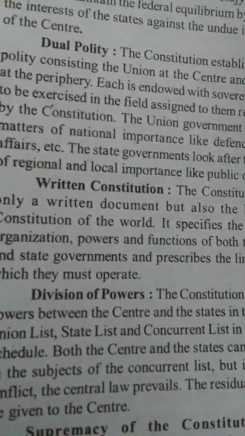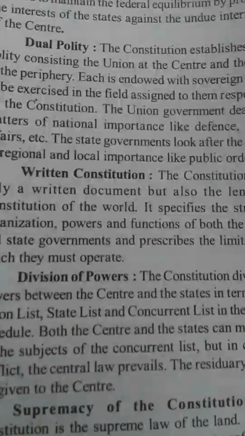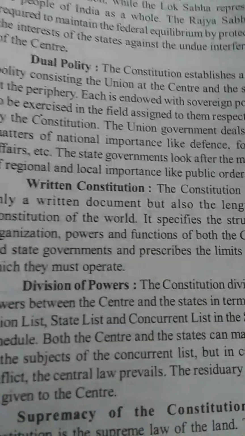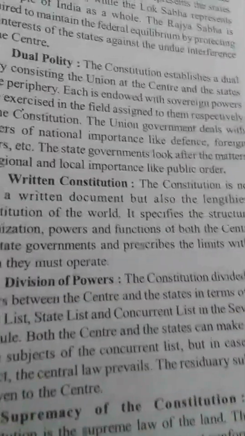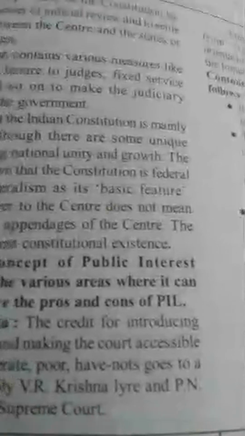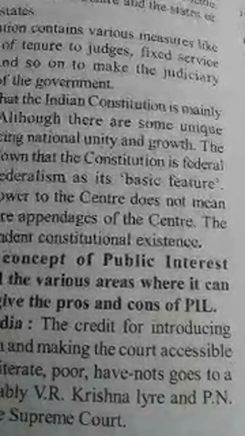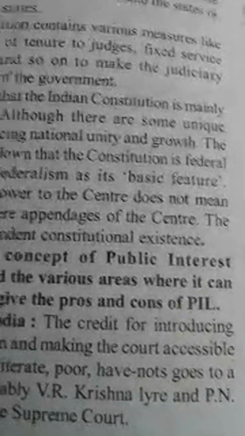Independent judiciary: the Constitution establishes an independent judiciary headed by the Supreme Court for two purposes: to protect the Constitution by exercising the power of judicial review, and to settle disputes between the center and the states or between the states.